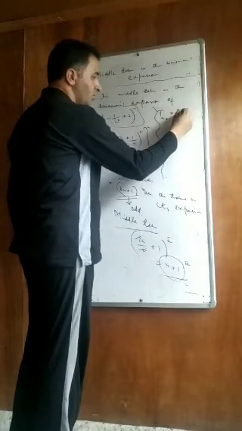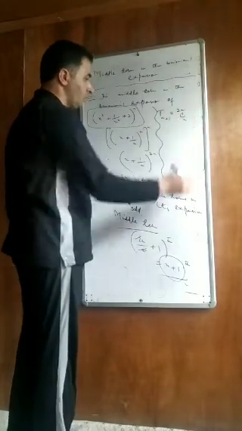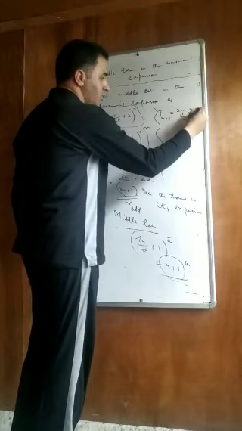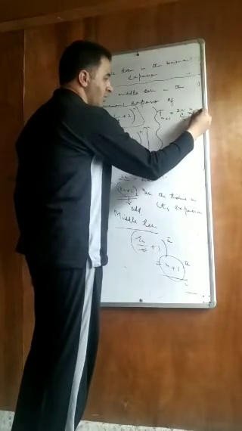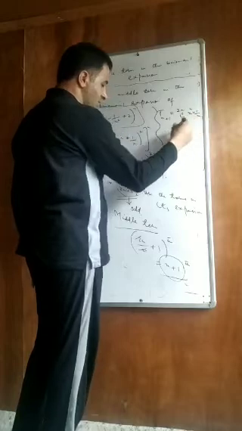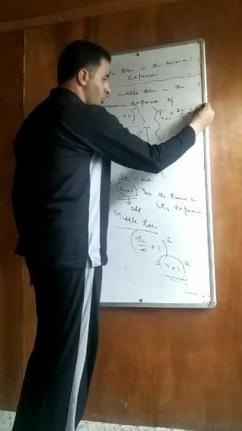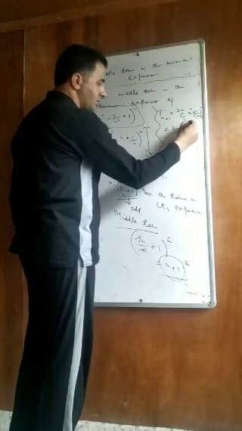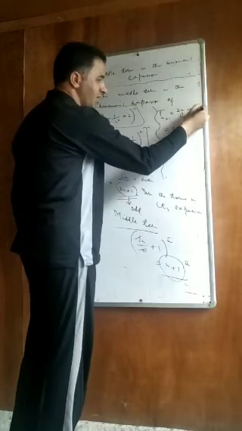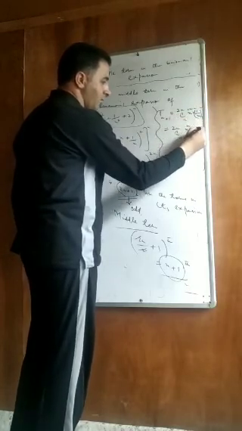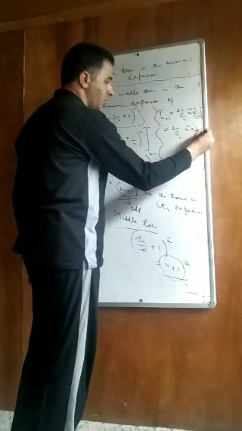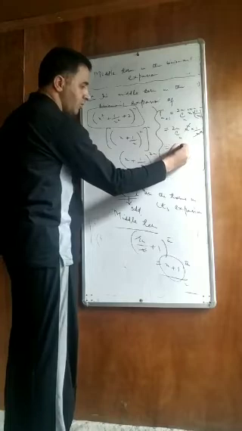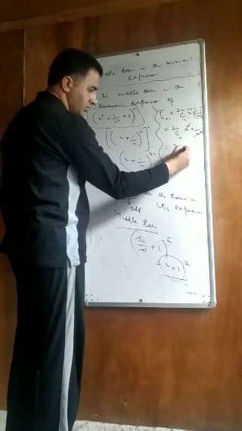T of n plus 1 is 2n Cn x raised power 2n minus n, that is n, into (1 by x) whole raised power n. Here 2n minus n is n, into 1 by x raised power n. x raised power n and x raised power n cancel, so the middle term will be 2n Cn.